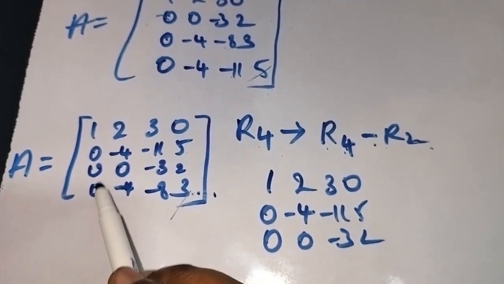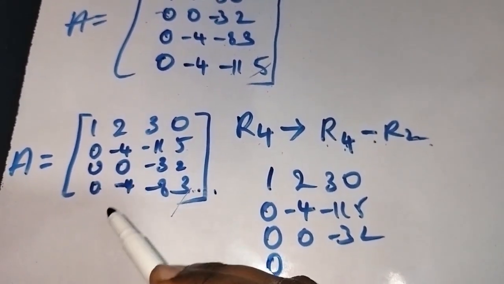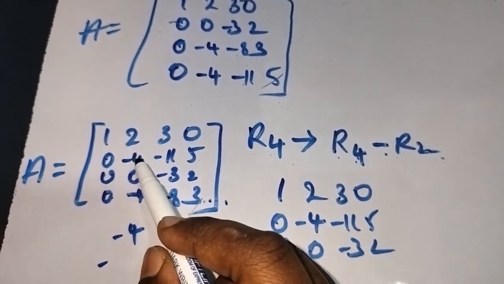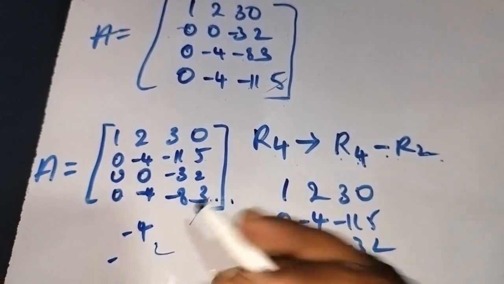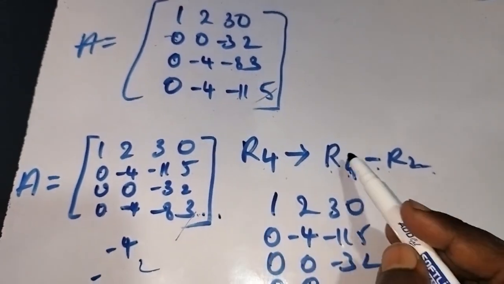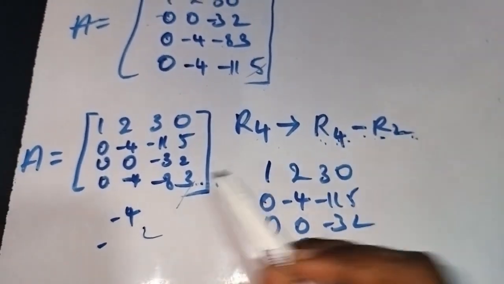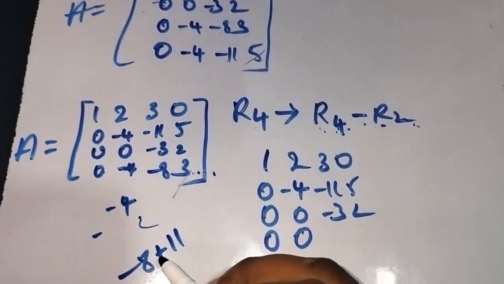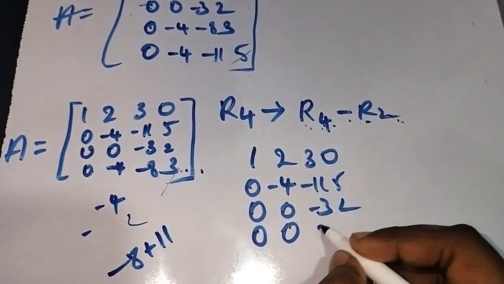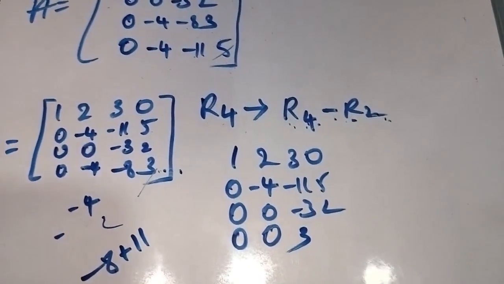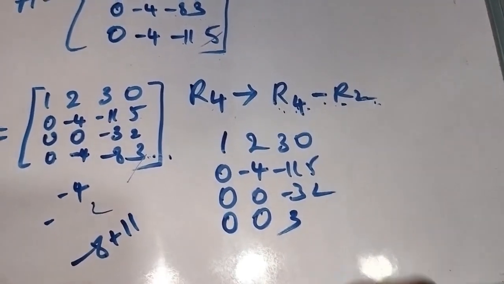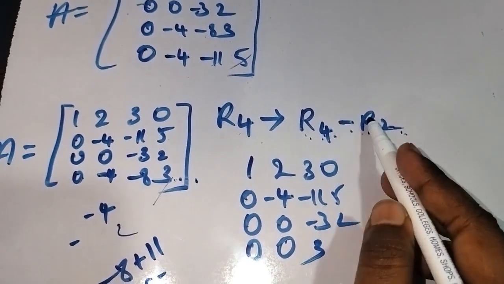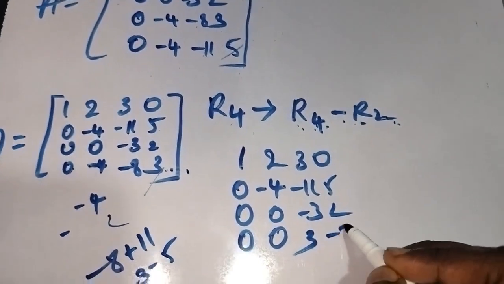R4 is 0, 0, minus 4, and R2 is minus 4, so minus 4 plus 4 we get 0, and R4 minus R2 means minus 8 plus 11. Now we get 3, and next here 3 minus 5 we get minus 2.